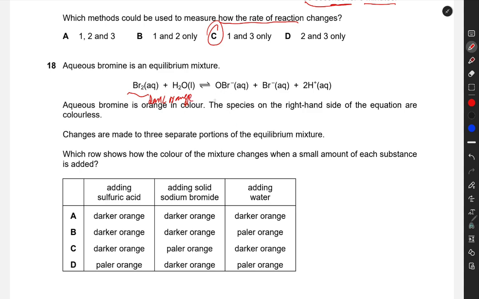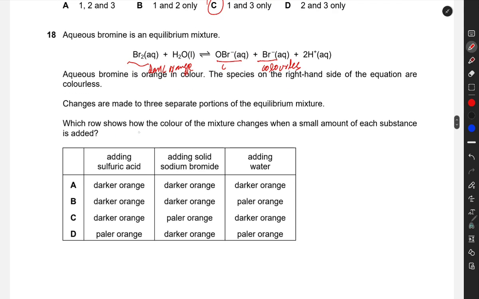OBr negative, Br negative is colorless. Which row shows how the color of the mixture changes when a small amount of each substance is added?